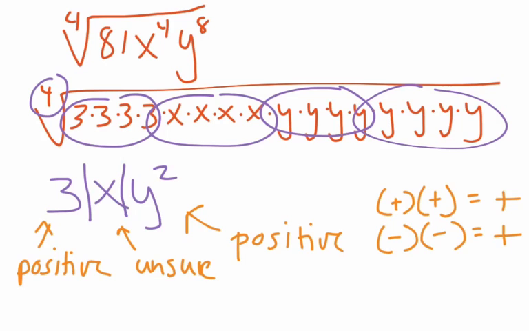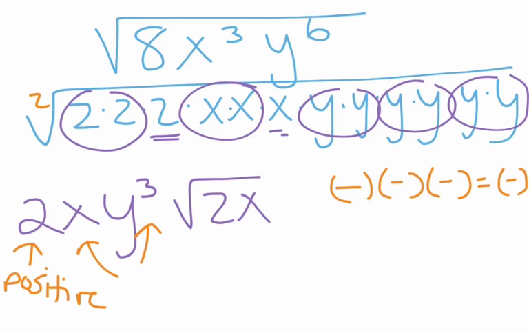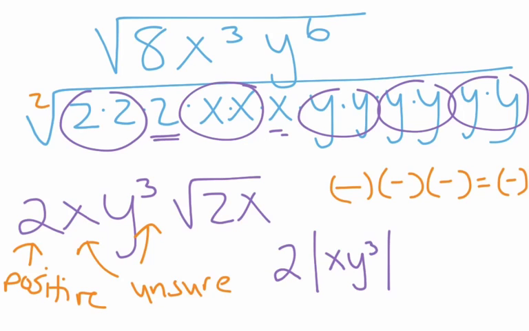Unlike with the squaring, where you'd be guaranteed to get the positive. And so we're actually not sure about either the x or the y cubed. And I'm just going to rewrite that because I made it messy. So we would put absolute values around the x and the y cubed to make sure that it was positive.